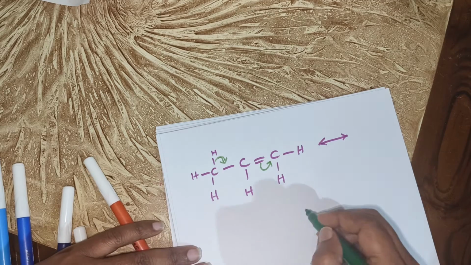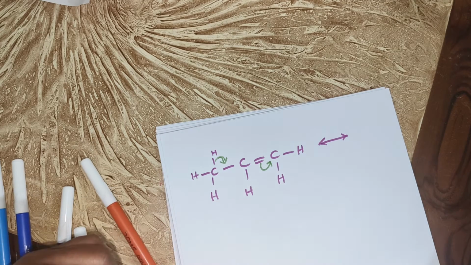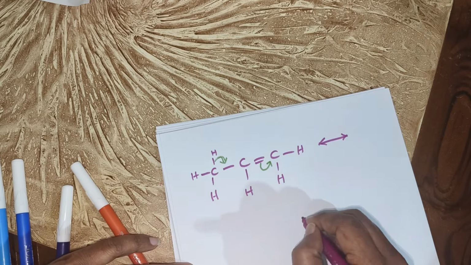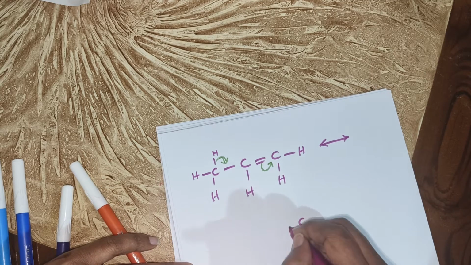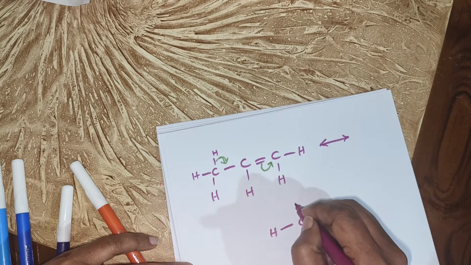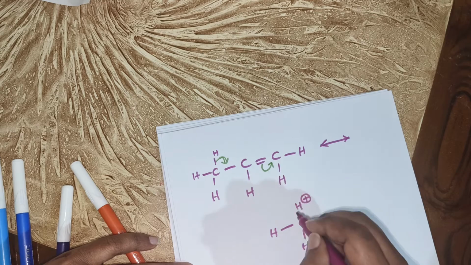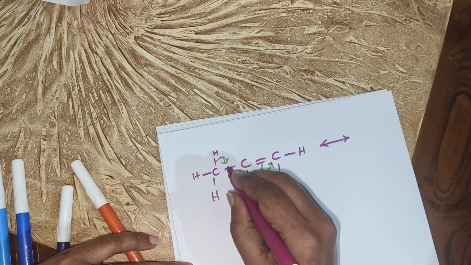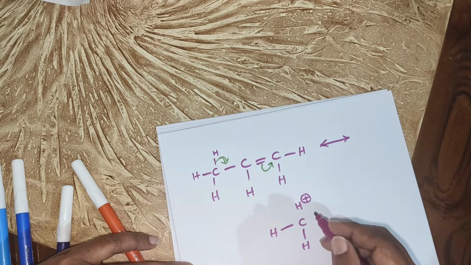Let us see. CH2, since this bond was broken, it can be written as H plus. Why? Because the negative charge is shifted towards the carbon, that's why the bond is broken.